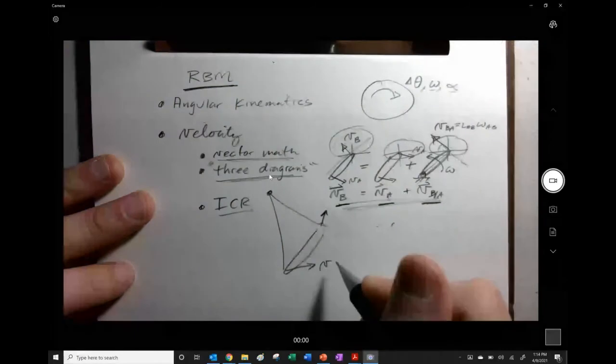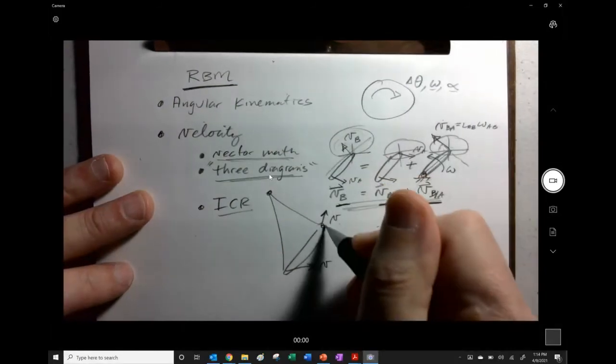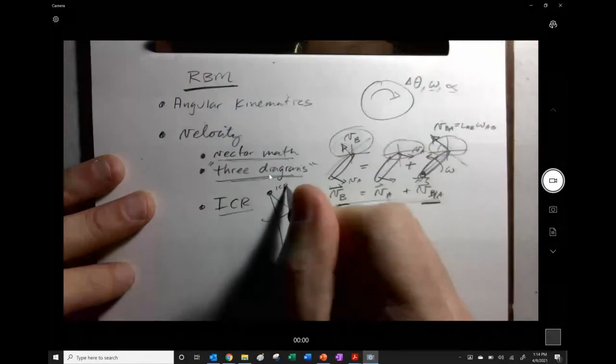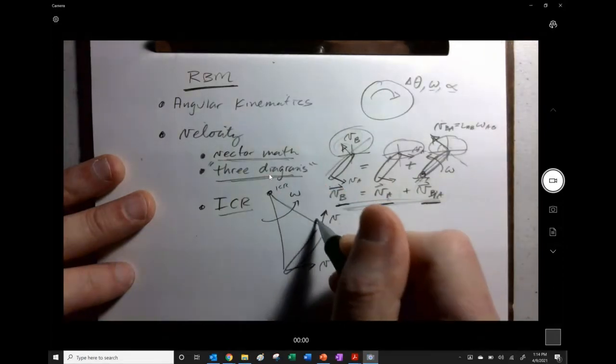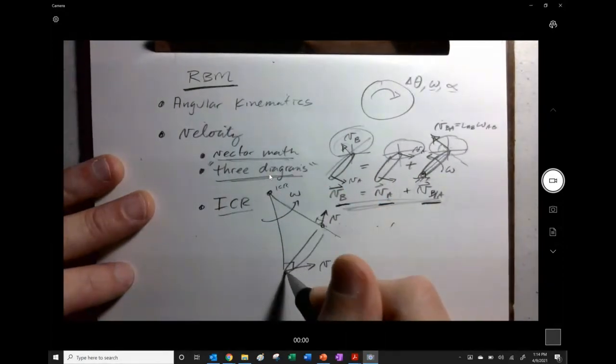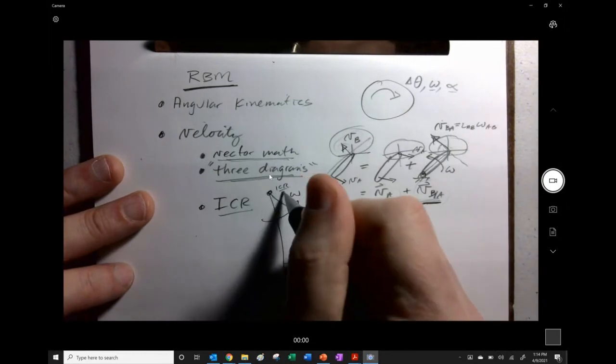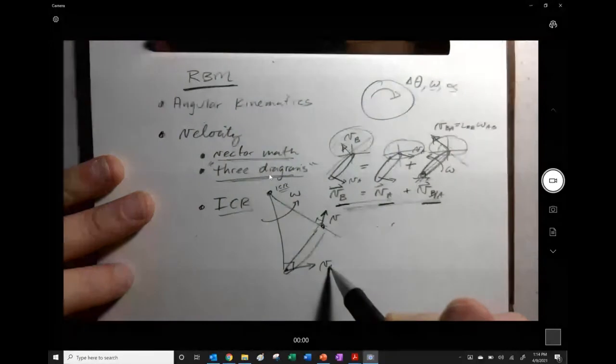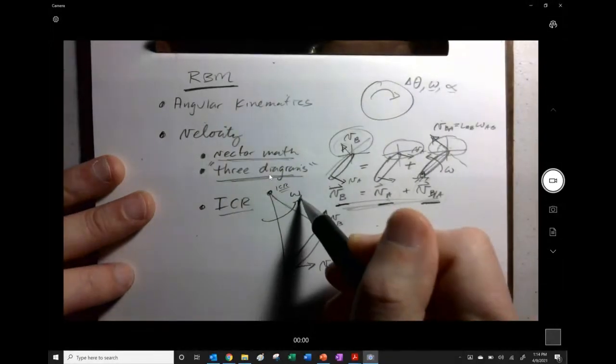The velocities of these things are going to depend on where we find it. So we're going to use the fact that we have a 90-degree thing happening, locate an ICR, and then be able to find what the other things are.